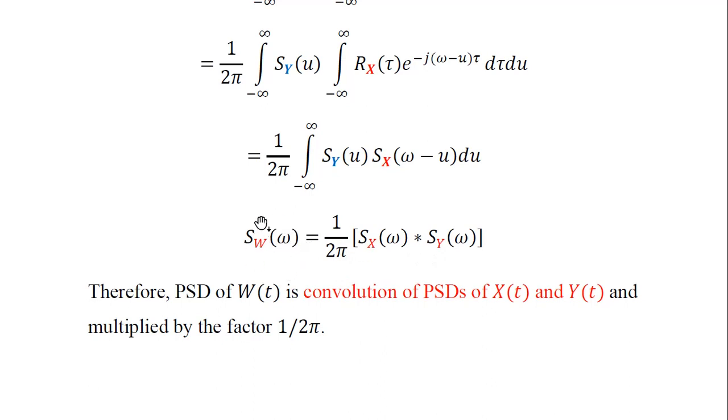So when we multiply two random processes, their power spectral density can be obtained by taking the linear convolution of the PSD of the first random process x of t with the second random process y of t, which is further multiplied by 1 by 2 pi.